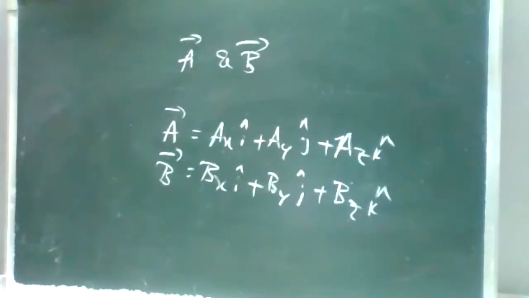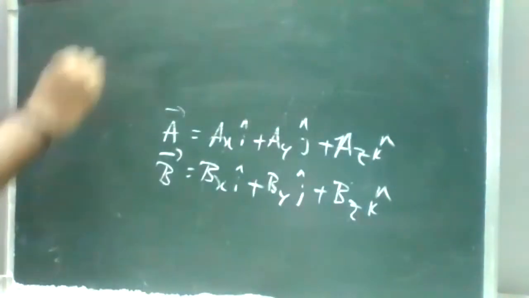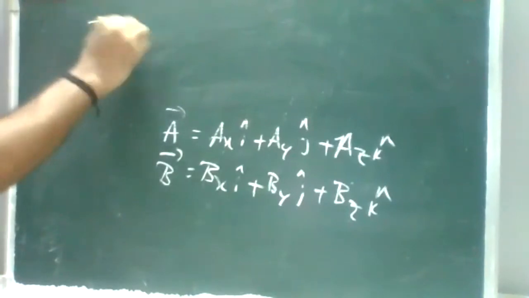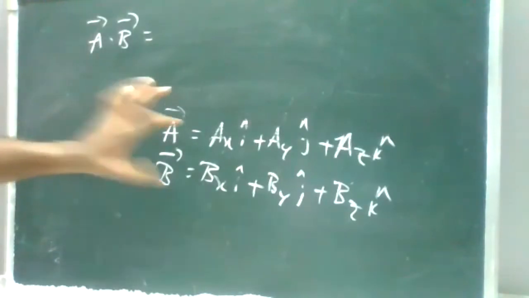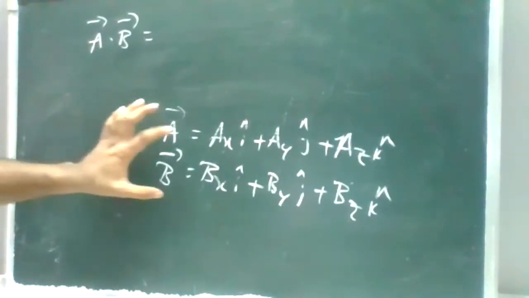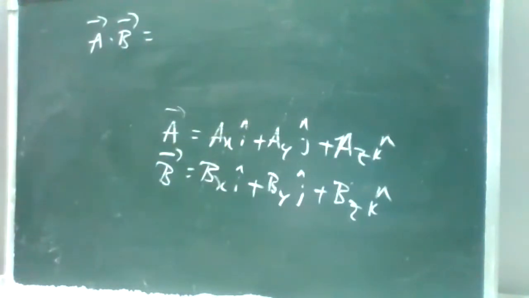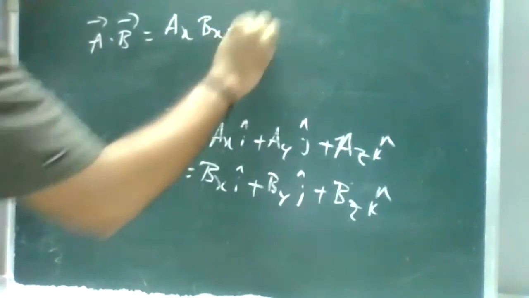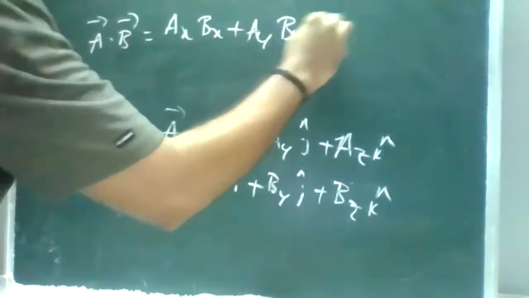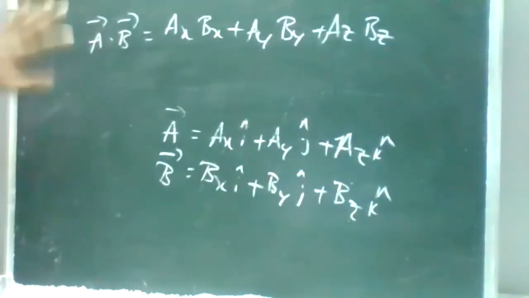Now we are finding the product. So A vector dot B vector. When the vectors are in the same directions, that is with respect to the corresponding directions, then only it will be multiplied. Or else if it is other directions, it will be 0. So that is Ax Bx plus Ay By plus Az Bz. So this is your product of vectors.